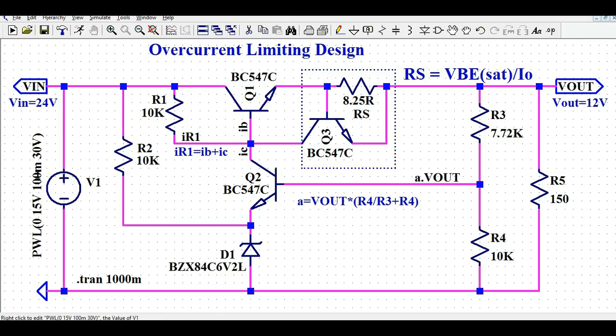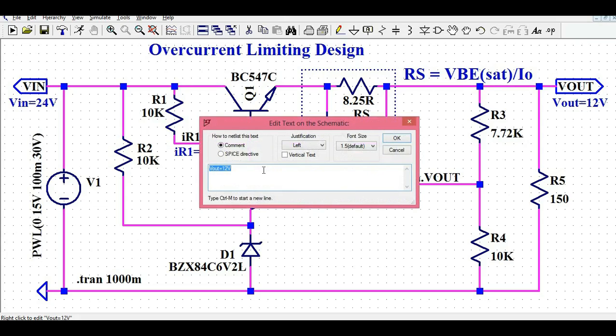So my objective here is to design from a 24-volt input to a 12-volt output and 80 milliampere load current. If I write here, my load current is I naught, and it is, let's say, 80 milliampere more or less.